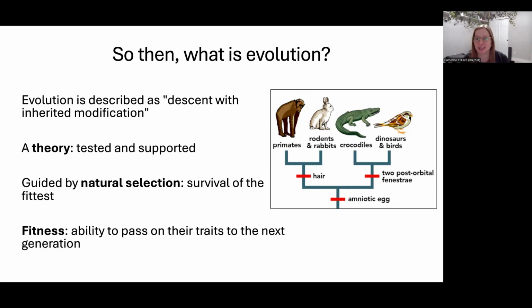So when you hear natural selection, people often think survival of the fittest. Okay, but what's fittest? Fittest doesn't mean fastest. Fittest doesn't mean strongest. Fittest means the most able to reproduce successfully and pass on their genes to the next generation. So fittest is not physical, fittest is reproductive.